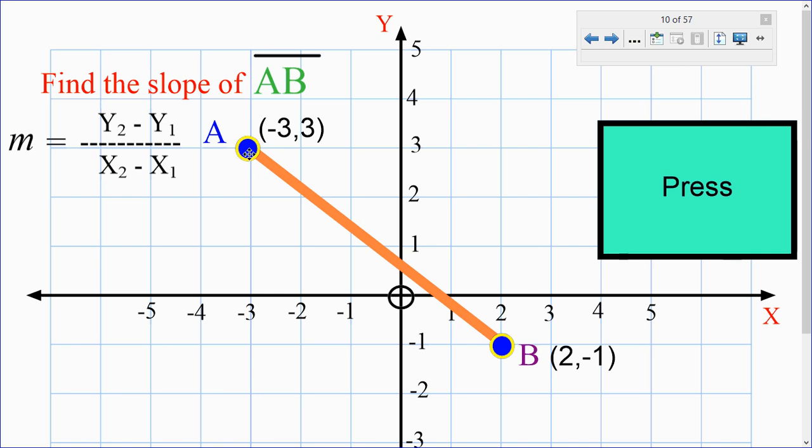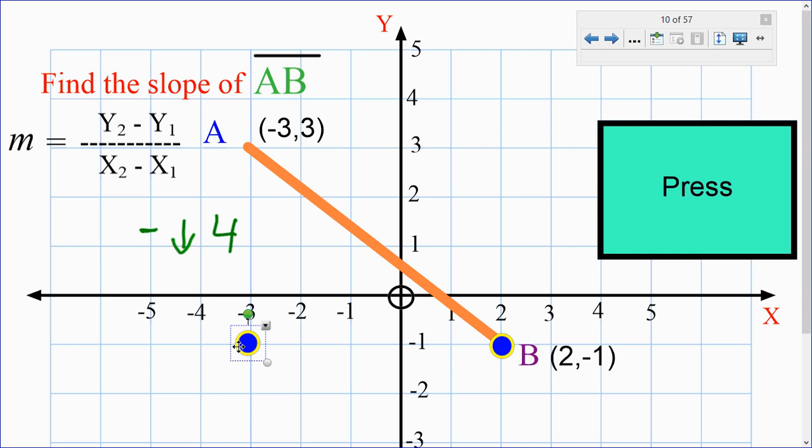So I can count going from A to B, so count 1, 2, 3, 4 boxes down, and move over to the right. So 4 down, and down we know is negative, so keep that in mind.